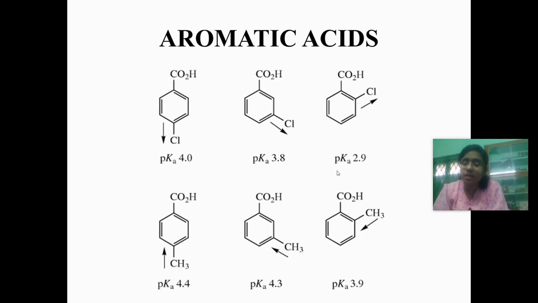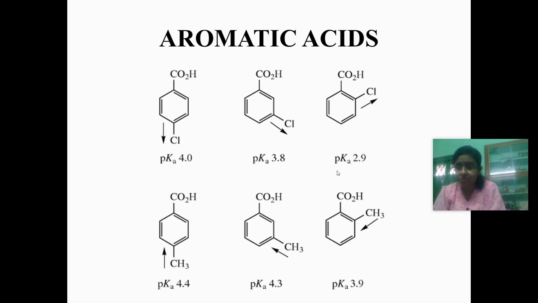Similarly, for the second case also, you can see the acidity order is the same. For the ortho, the acidity is somewhat higher, but this trend, that the ortho has more acidity, is independent of the type of substituent, because chlorine is electron withdrawing and CH3 is electron donating.